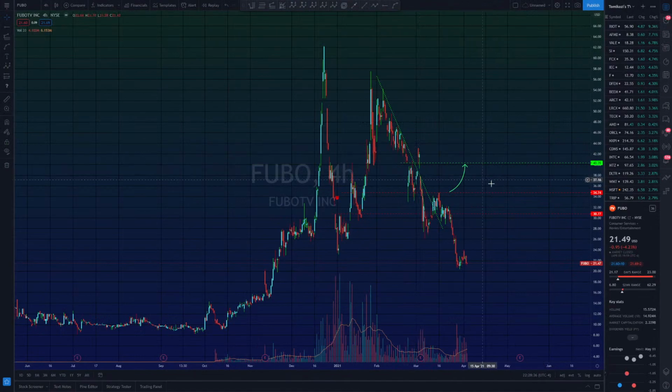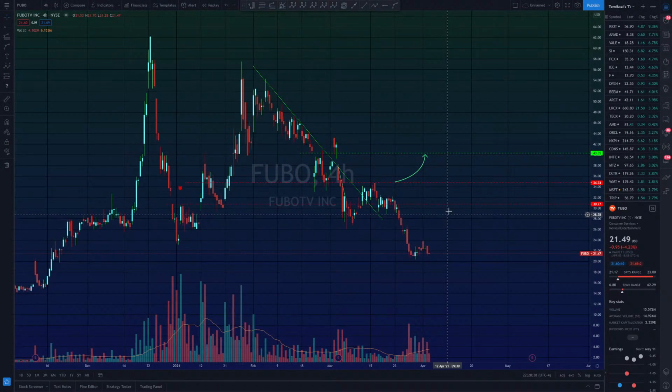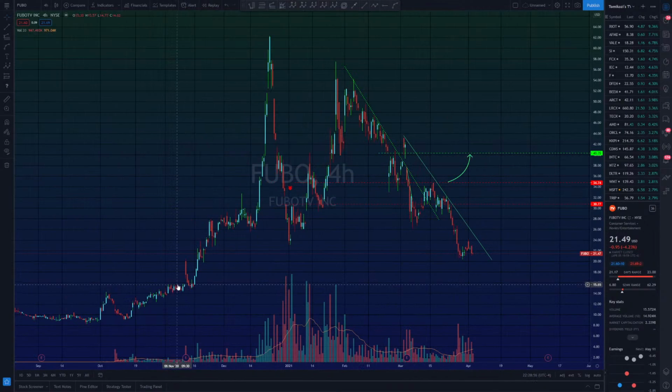Let's do Fubo. I got Fubo automated because I'm waiting for it to break 35, but my goodness, this thing has just been a straight disaster for multiple months. I'd like to see it break this downtrend, to be honest, before I even touch this. It has just been sell-off after sell-off. I'm wondering if it can't hold 20.40, that'd be very bad.